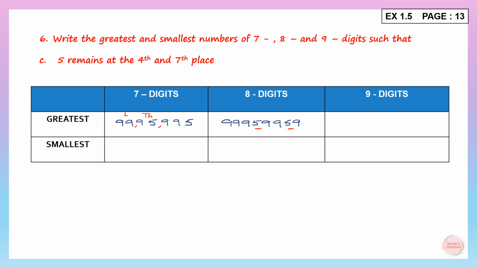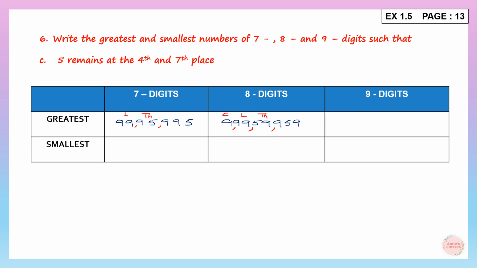Now let's place the commas in the right places. Ones, tens, hundreds, thousands, 10,000s, lakh, 10 lakh, and this is crore. So crore, lakh, thousands. Now let's read the number: 9 crore 99 lakh 59,959.